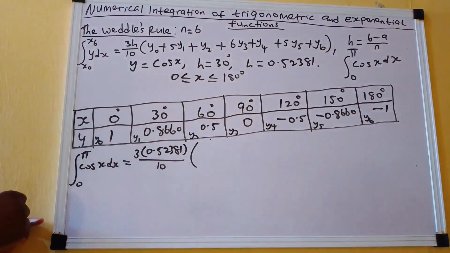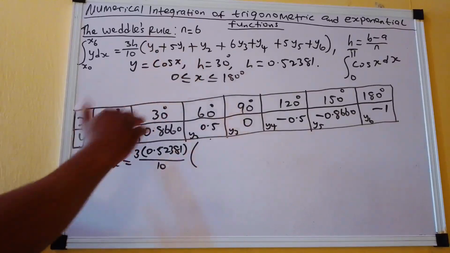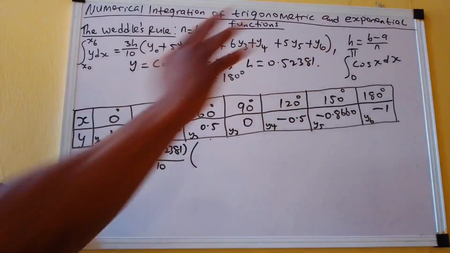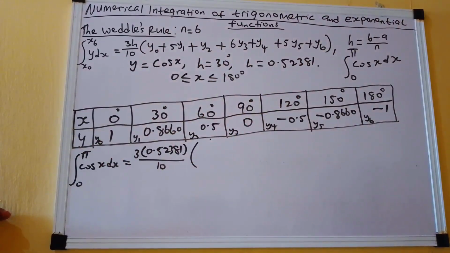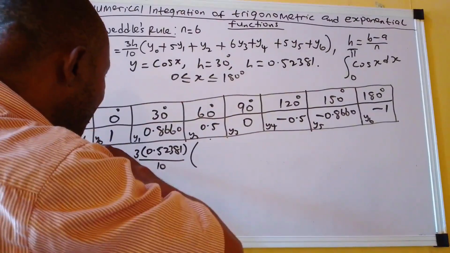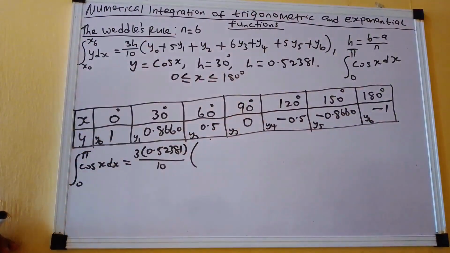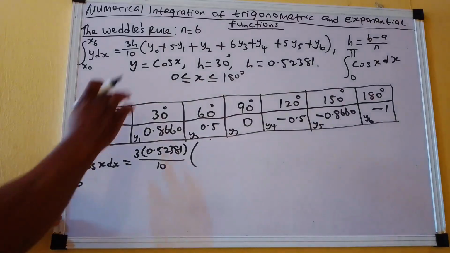Because h has spread the value of x from the lower boundary to the upper boundary, you get y0 to y6 as needed in the Weddle's formula.